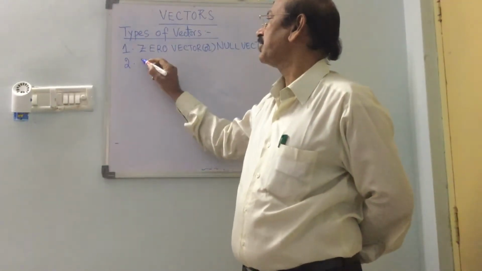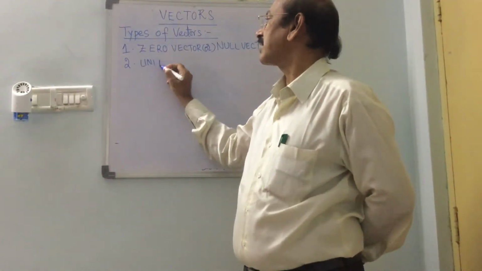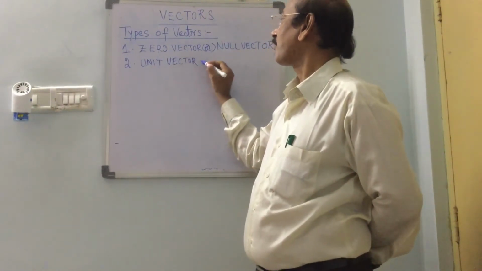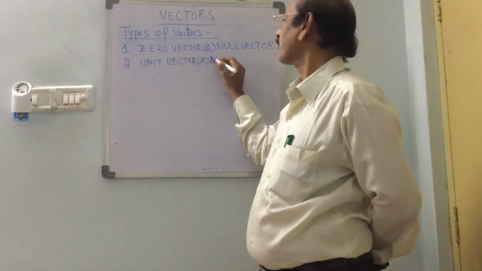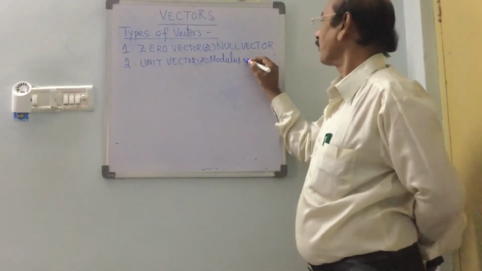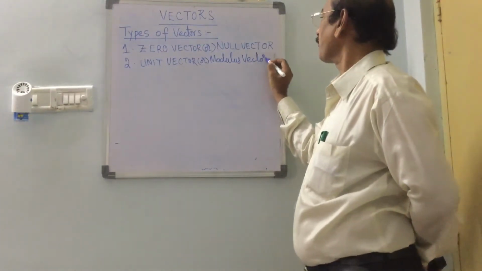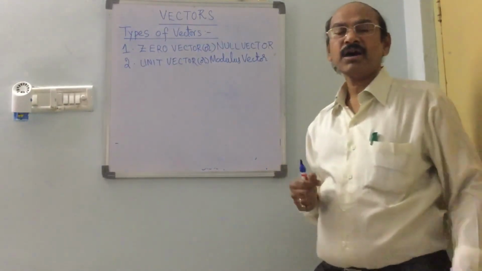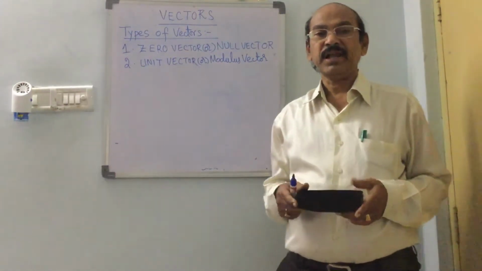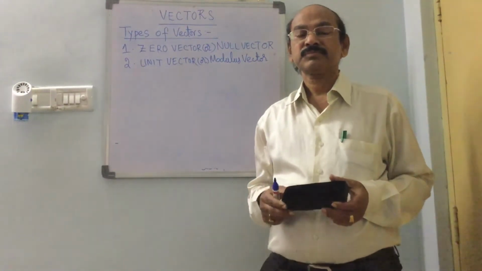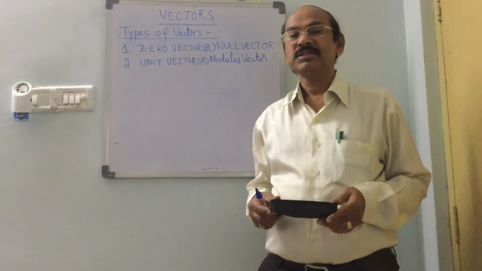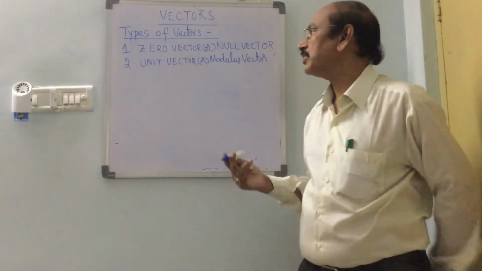Second one is unit vector or modulus vector. A vector which has unit length is called modulus vector or unit vector. Its magnitude is equal to 1.